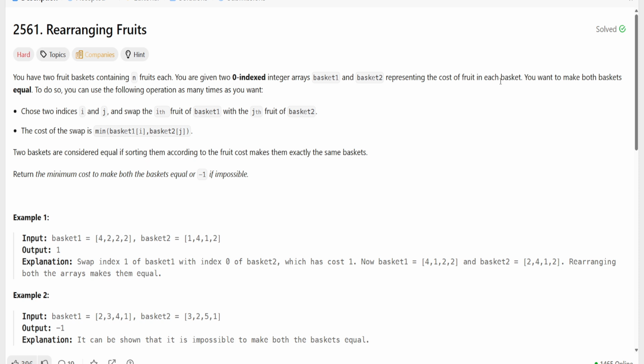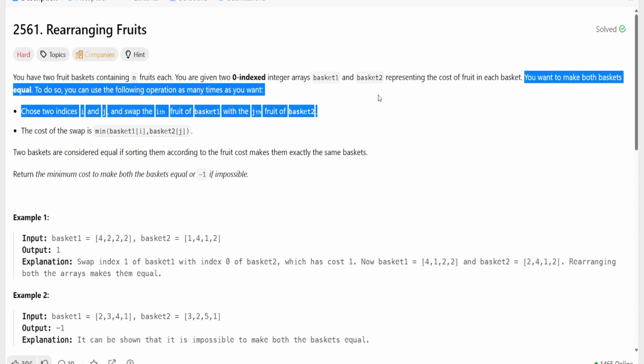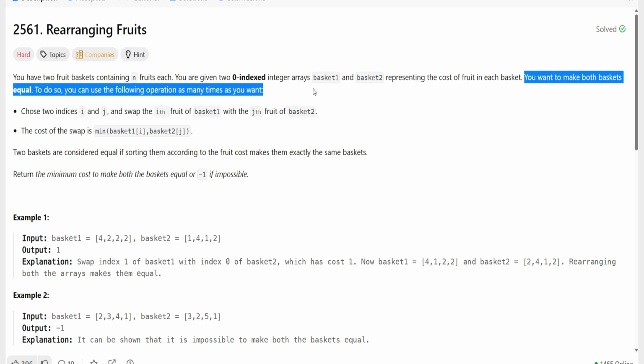Understand? Now it is saying you want to make both baskets equal. So our job is to make both baskets equal. Means we want to make both baskets identical after sorting by swapping fruits between baskets, right? That we will do between the baskets.